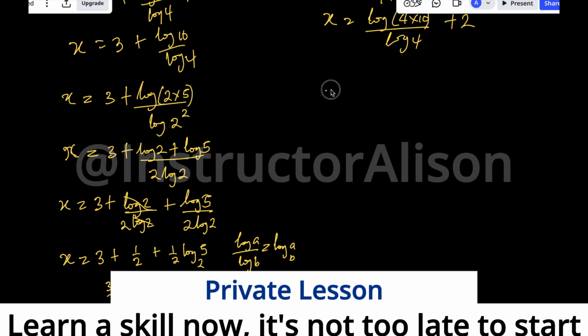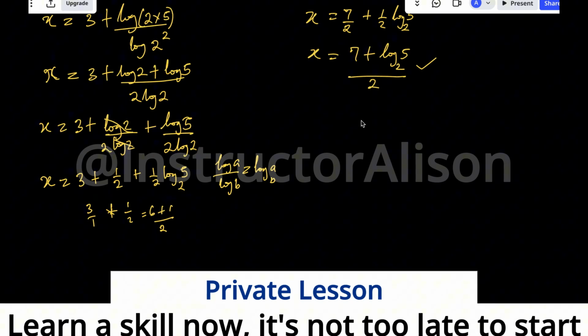So x equals 7 over 2 plus 1 over 2 log 5 base 2. Because they have the common denominator, which is 2, I can add them. So x equals 7 plus log 5 base 2, all divided by 2.